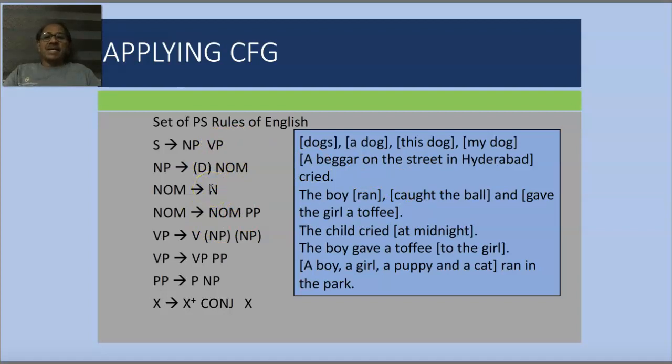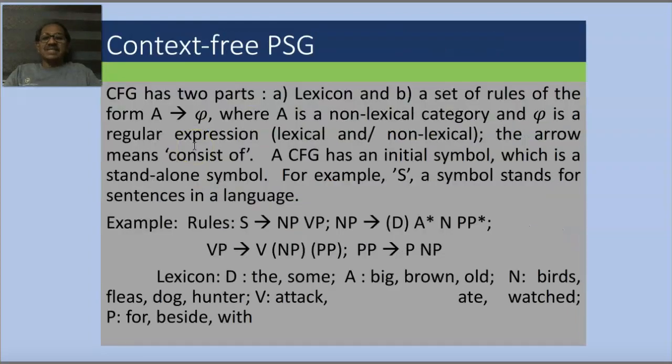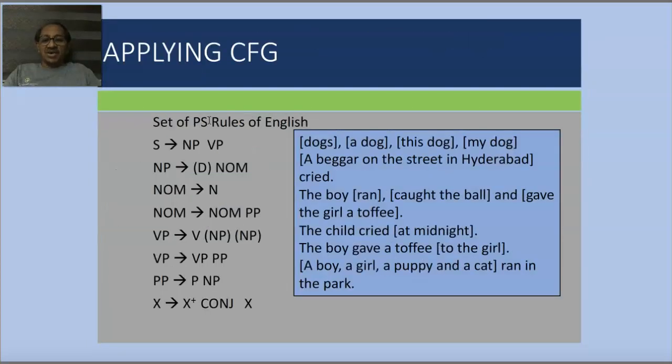When we apply the context-free grammar which we have seen earlier, we have the rules. Along with this, we can have a lexicon. The lexicon may consist of words like dog, a, this, my, beggar, on, in, Hyderabad, cried. That's the lexicon.